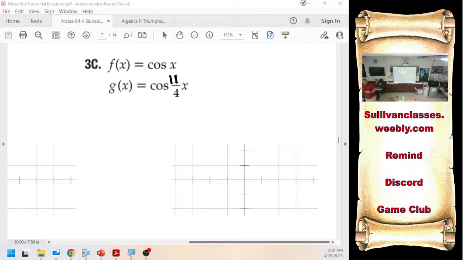Because so far, all of the changes to the period we've had are either an integer in front of x or x over an integer. What happens when I combine the two? What if I have just a straight up nasty fraction? No, it's just the period is 2 pi over b.